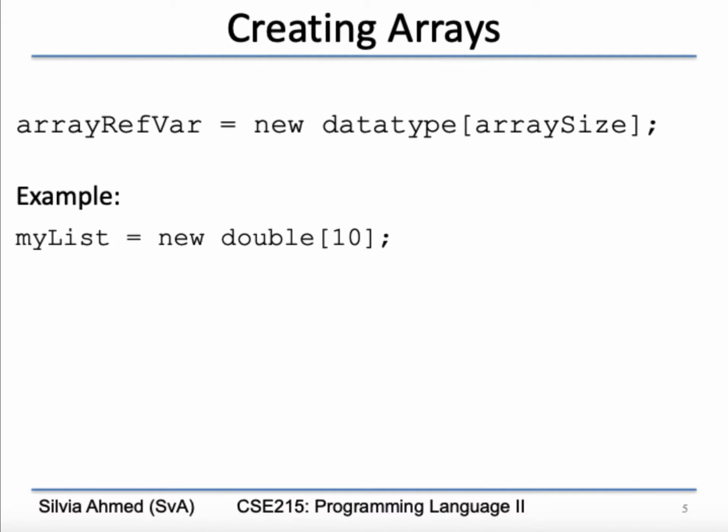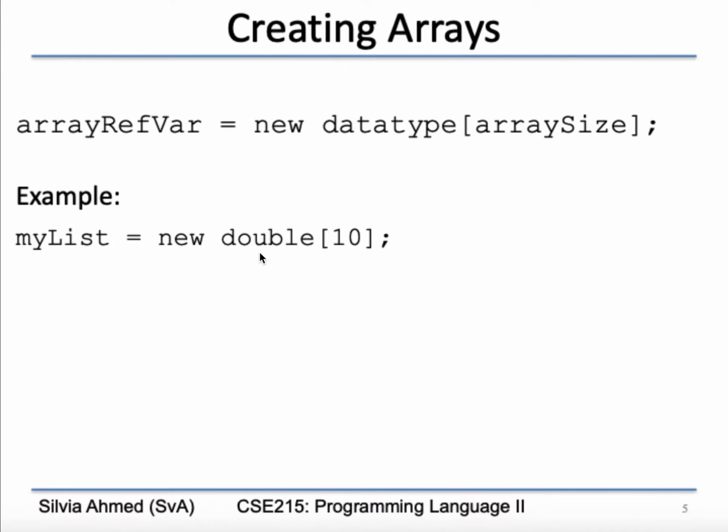A double takes 8 bytes, so for 10 doubles we need 80 bytes. So we are telling the computer to allocate 80 bytes into memory, and then the address of that memory, the location of the first byte, we assign into myList.